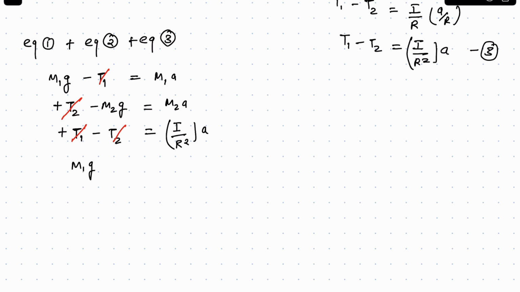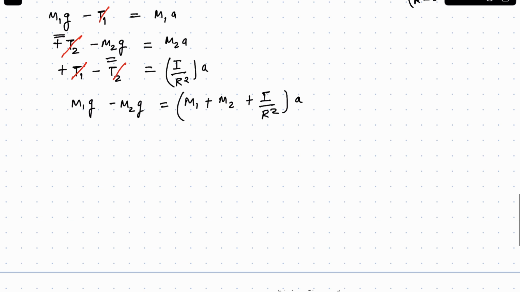So M1G minus M2G, these two terms were remaining. Please focus on this carefully. Here on the right hand side we have M1 plus M2 plus I divided by R square, multiplied by A. So right here we get acceleration.